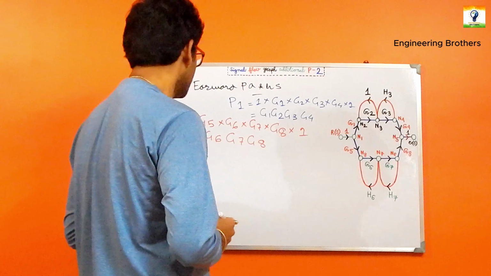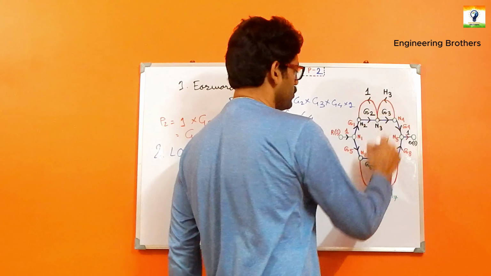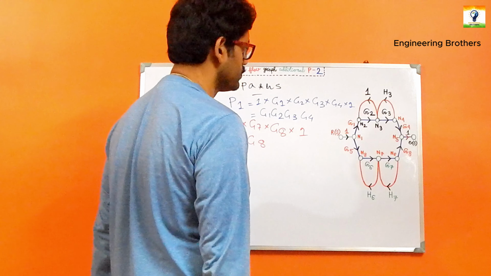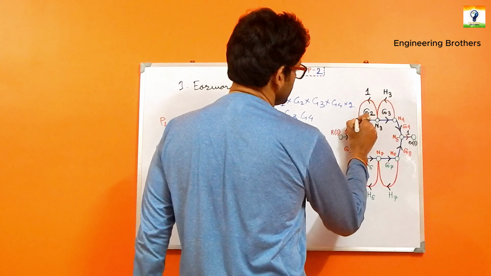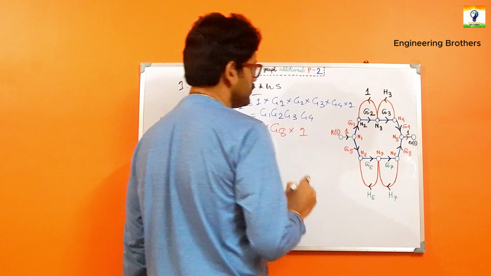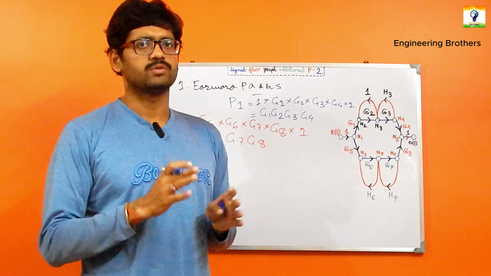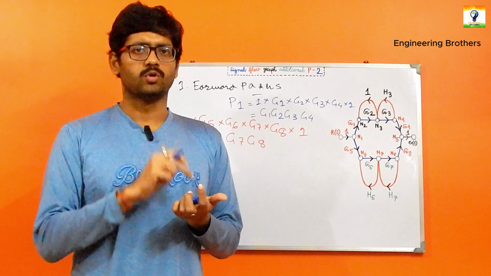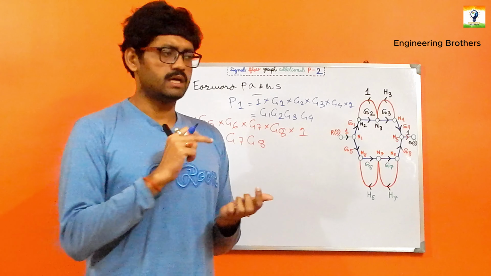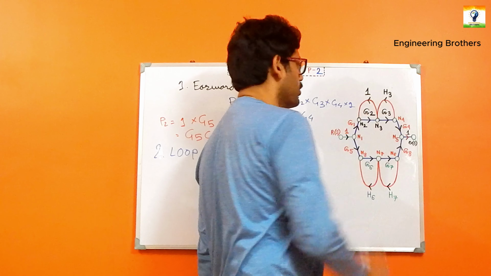Now let us go to the loop consideration over here. We have got 4 individual loops over here. How do I identify that? You can just follow the arrow for the signal flow graph. If you understand this concept, you should follow that from your node N2, it has started and ultimately it has ended at the same point over here.